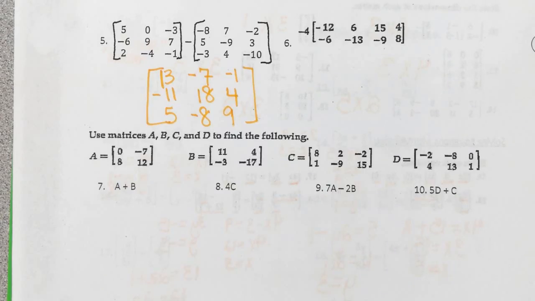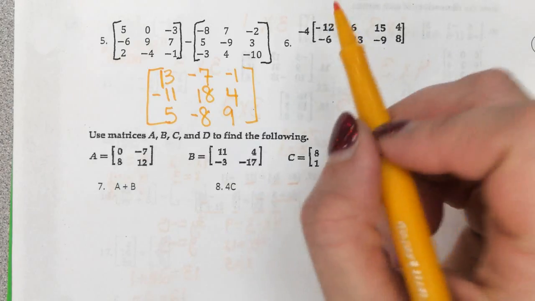Pretty easy stuff? Okay, can we go on to number 6? Anybody need a minute? Okay. Good. All right, let's go on to number 6 real quick.